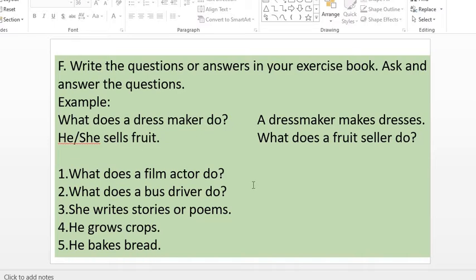Okay. Now, here are 5 sentences. 2 are questions and 3 are answers. We have to make answers for these 2 questions and questions for these 3 answers. Okay, now number 1. What does a film actor do? A film actor acts in a film.